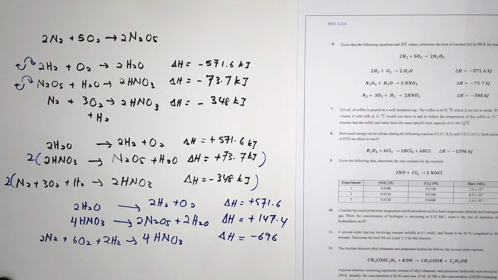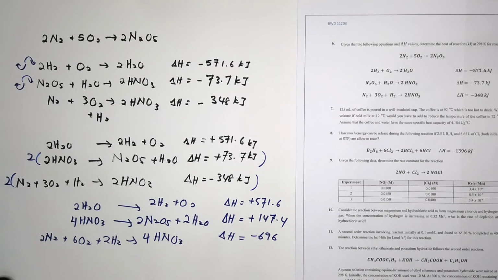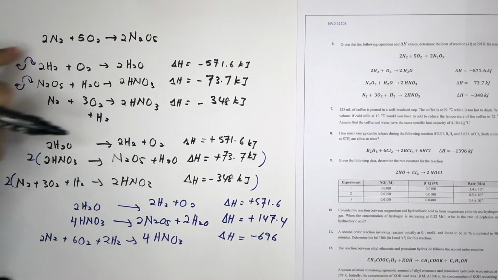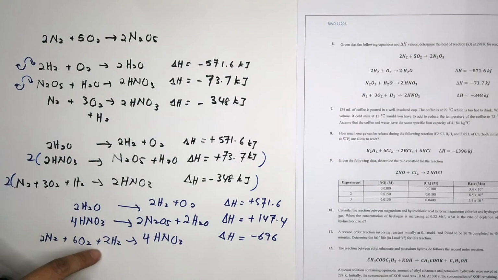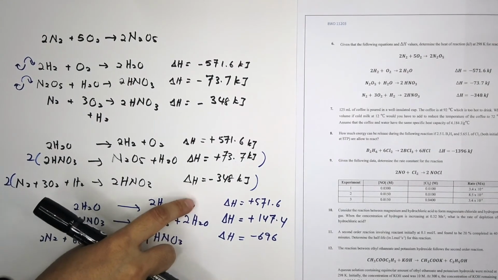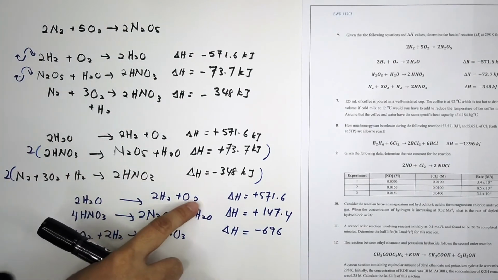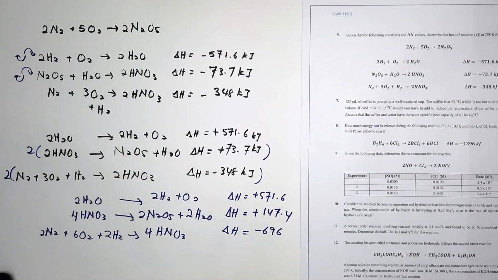Okay, so now we need to look at these equations and try to get back to the target equation. So what should we do? The first thing that you do not want is an excessive amount of O2. At the reactant you should have only 5 O2. Now you have 1 excess, 6 O2, but you have 1 O2 lingering around at the product.